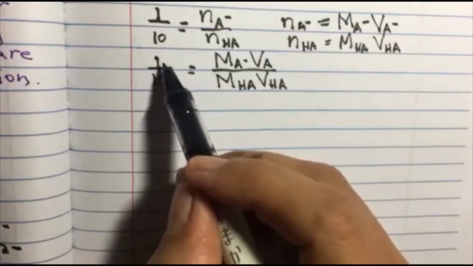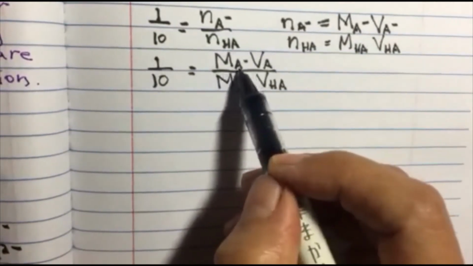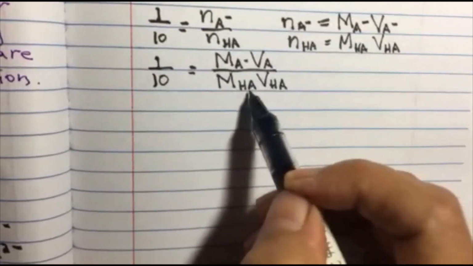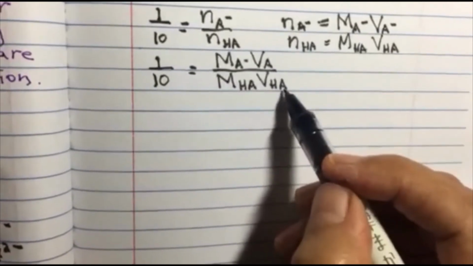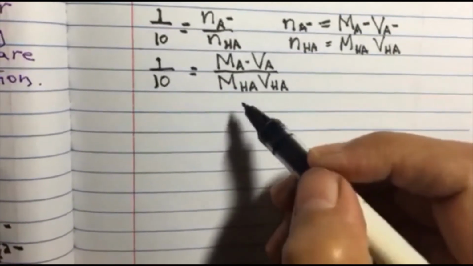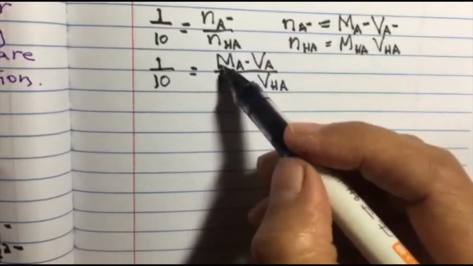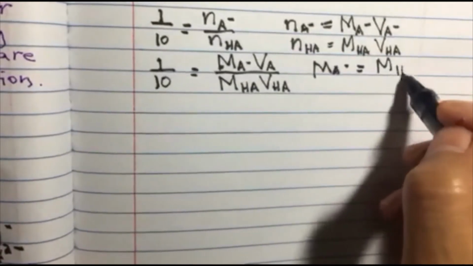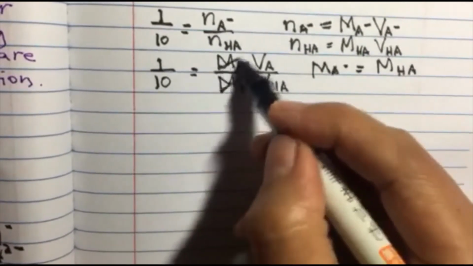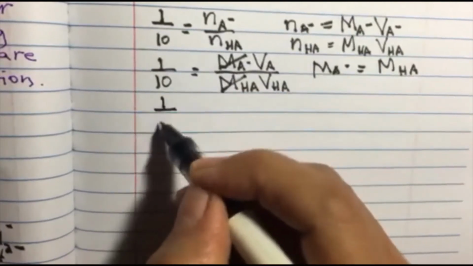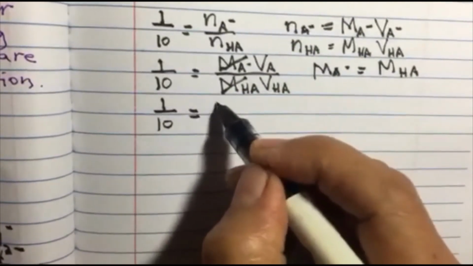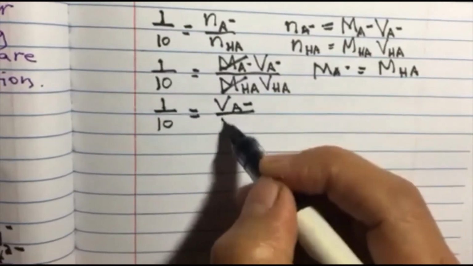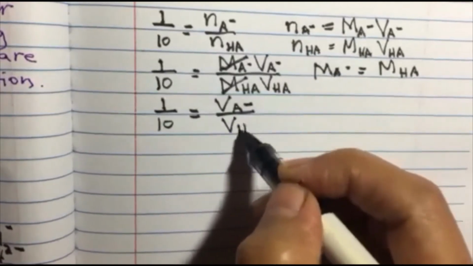So we have 1/10 equal to molarity of the conjugate base times the volume of the conjugate base over the molarity of the acid times the volume of the acid. And since in the given problem the molarity of the conjugate base is also equal to the molarity of the acid, these two cancel out, and our equation is simplified into 1/10 equal to volume of the conjugate base over the volume of the acid.